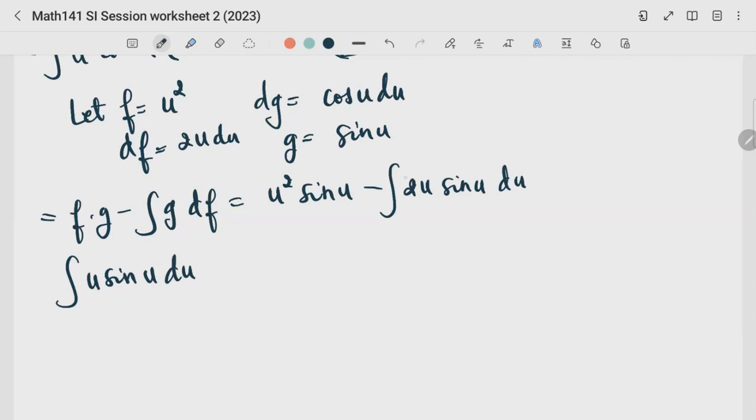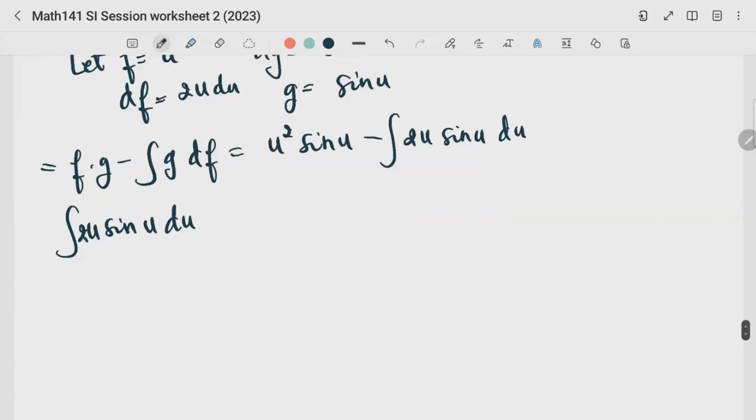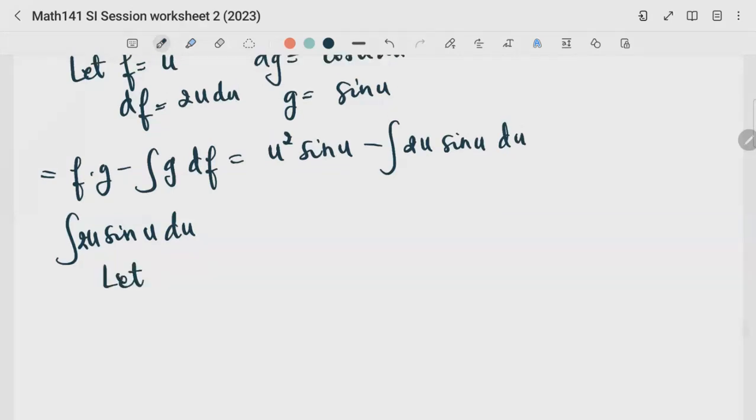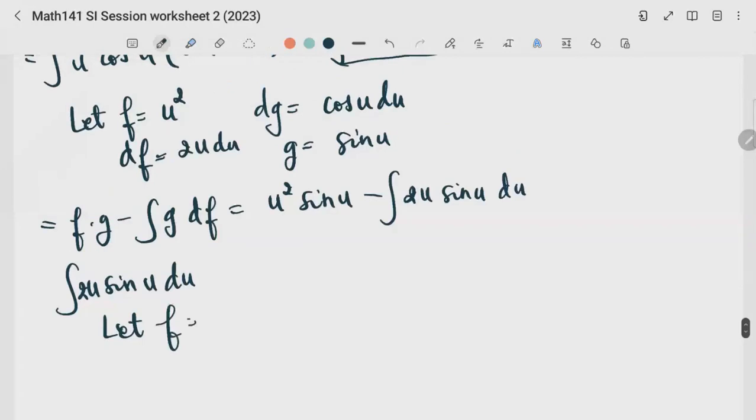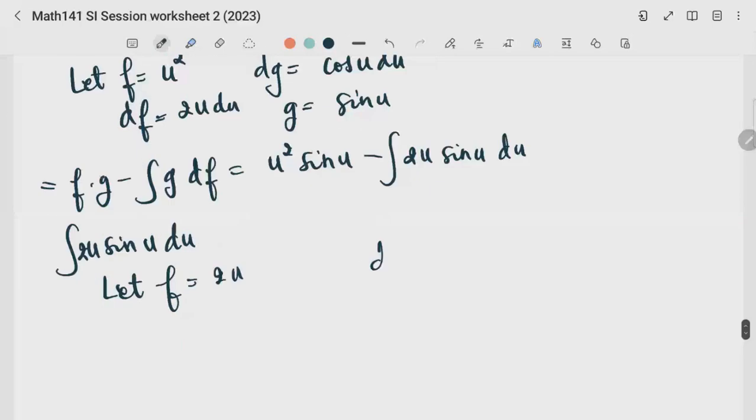Let's put the 2 in so it doesn't confuse us with the other 2 that we already have. So using that substitution, we have to stay consistent. So our f would have to be again 2u, and our dg will be sine u du.